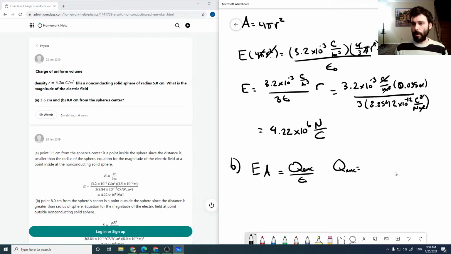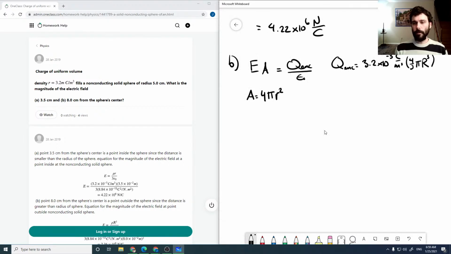So it'd be the rho, or the density, times 4/3 pi the radius of the sphere cubed, as it encloses the entire thing. But the area that we've got now is still 4 pi R squared, where R in this case is our 8 centimeters.